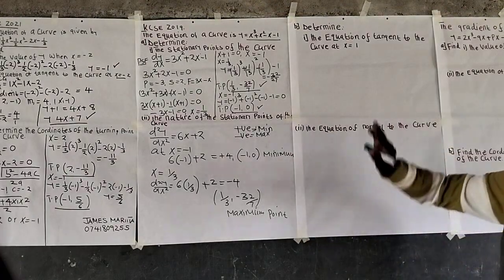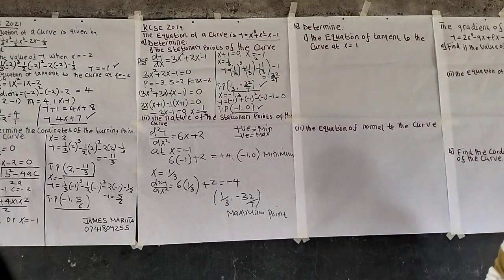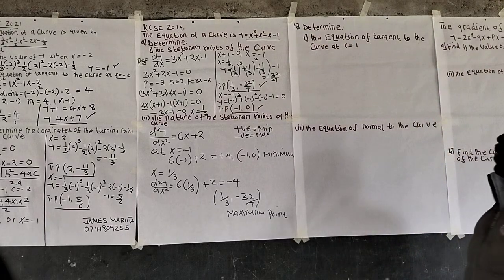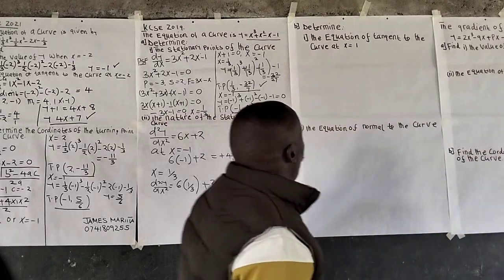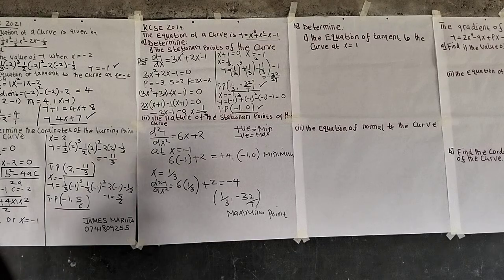Then in part B, we are supposed to determine the equation of a tangent to the curve at x equals 1. So at x equals 1, we need to get the equation of a tangent to the curve.